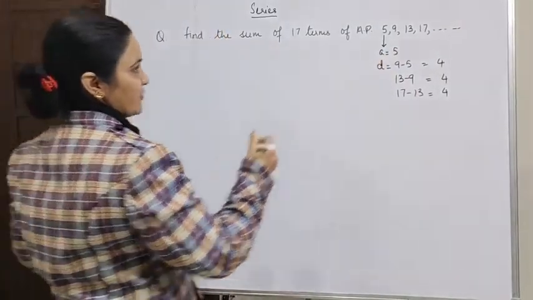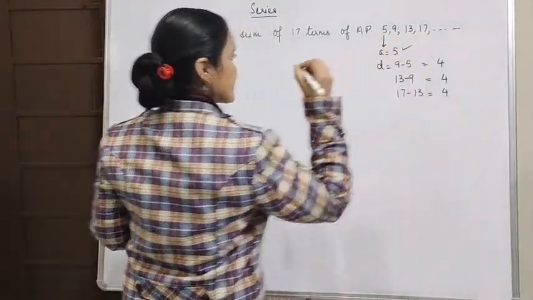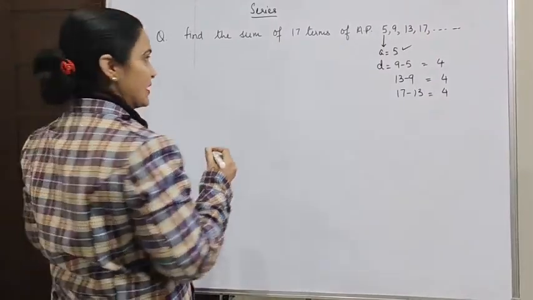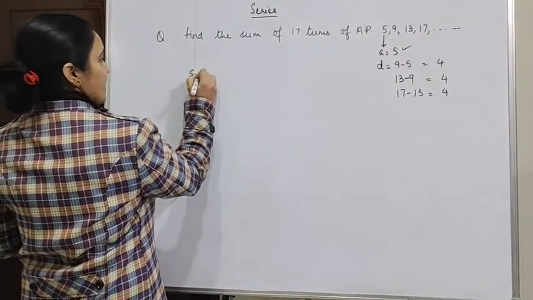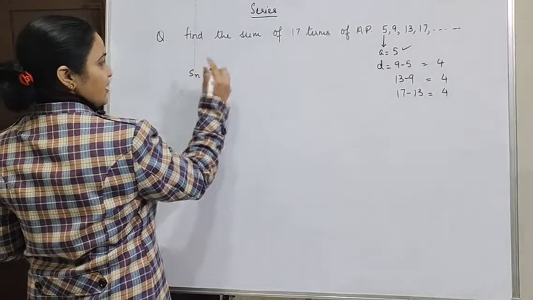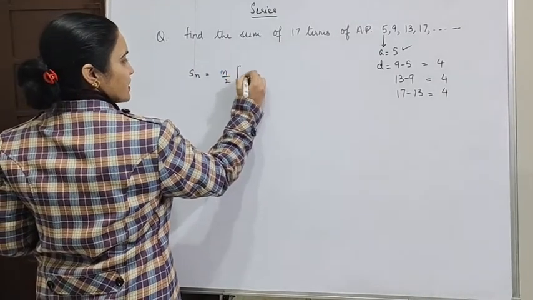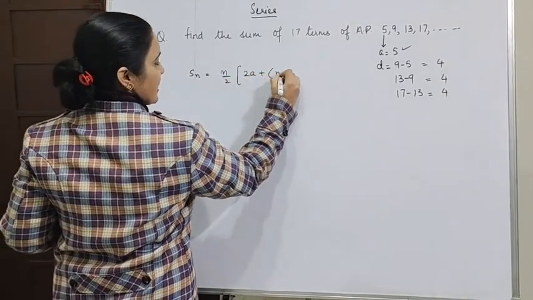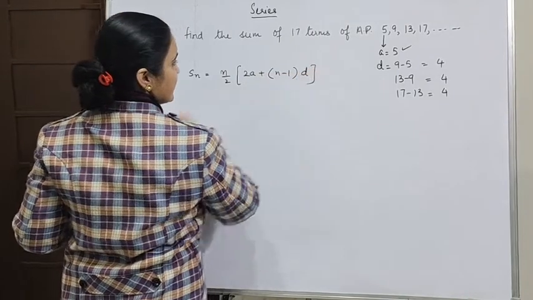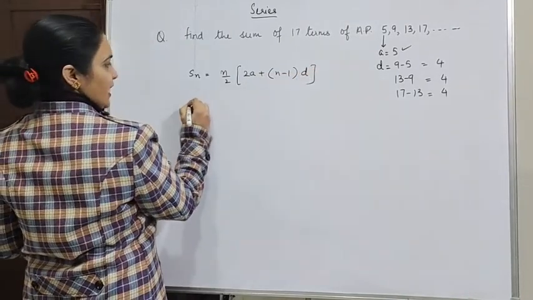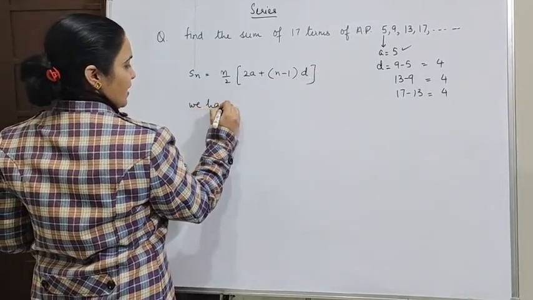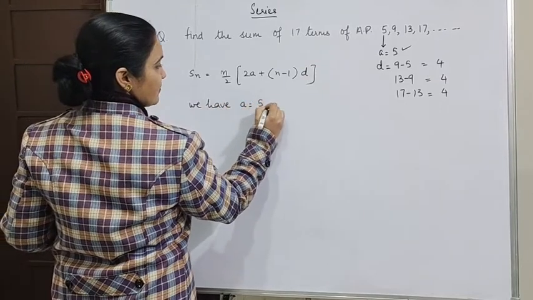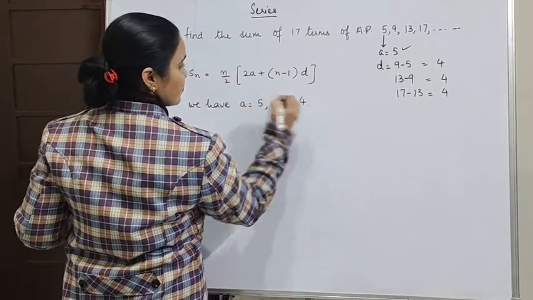Whenever we have the common difference and first term given to us, the formula for the sum of n terms of an AP is n by 2, 2a plus n minus 1 times d. In this we have a as 5 and d as 4.